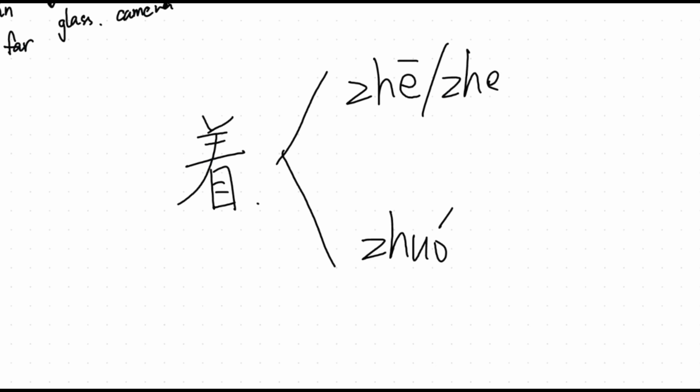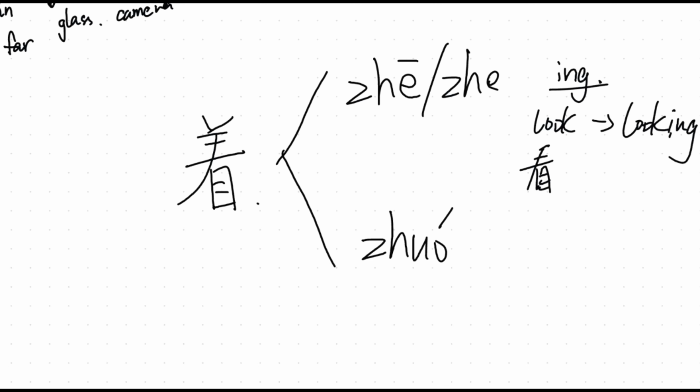This one, the first one, here, it means an action is happening. It's like adding an ing to an action. Look to looking. Look is 看. So when you want to say you are looking at the stuff, you say 看着.